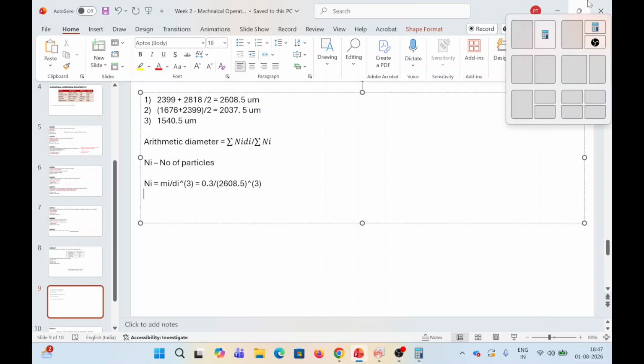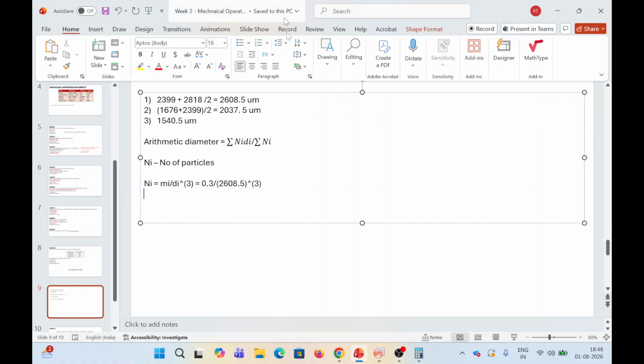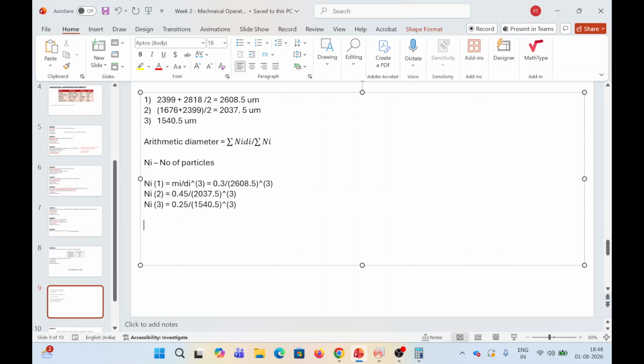Similarly, this is for the first size range, and the third size range will be by whole power 3.